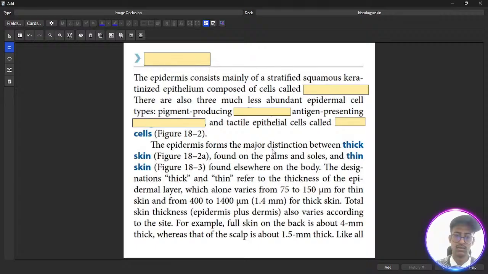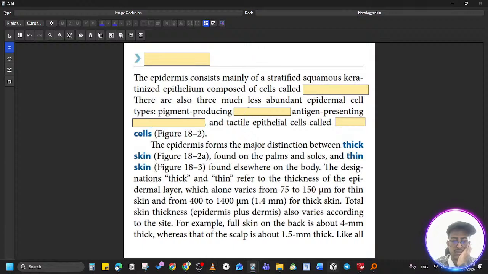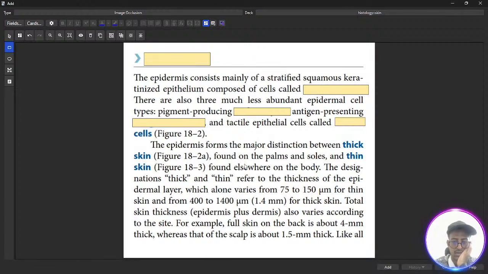The epidermis forms the major distinction between thick skin found on the palms and soles and thin skin found elsewhere on the body, in figure 18.2. The thick end refers to the thickness of the epidermal layer, which alone varies from this.